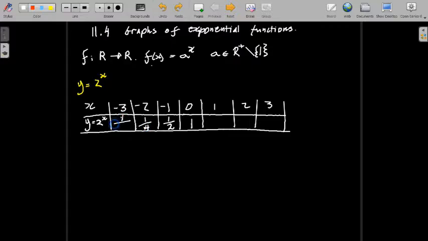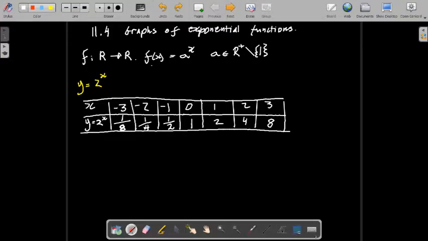And then over here, we get 2 to the 1 is 2, 2 to the 2 is 4, 2 to the 3 is 8. So there's our numbers. So table of values, always a good starting point for anything unfamiliar.